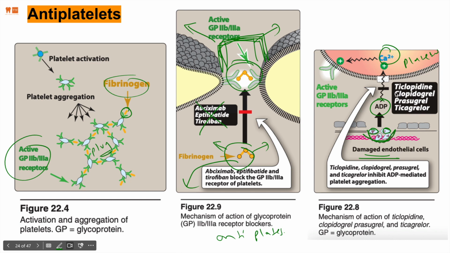Calcium then goes to glycoprotein, and glycoprotein says, all right, where's the rest of the party? And it tries to chase the party. But ADP is blocked by ticlopidine, clopidogrel, and other antiplatelet drugs.